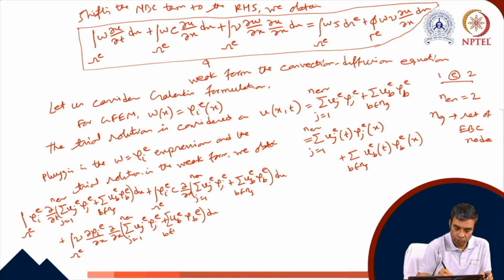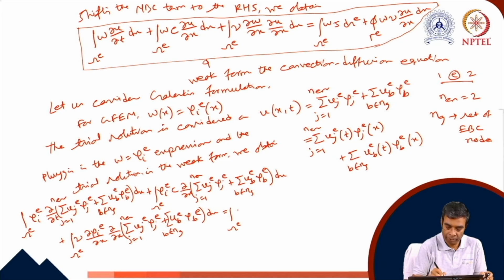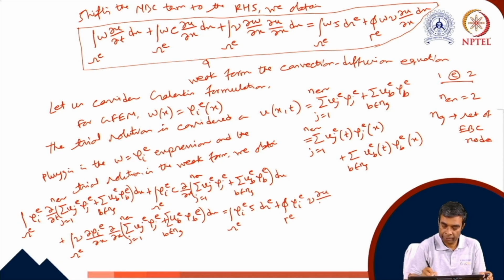equals integration over omega e, W is replaced by psi_i^e, source term s d omega e, plus boundary integral over gamma e psi_i^e nu del u/del x d gamma e.